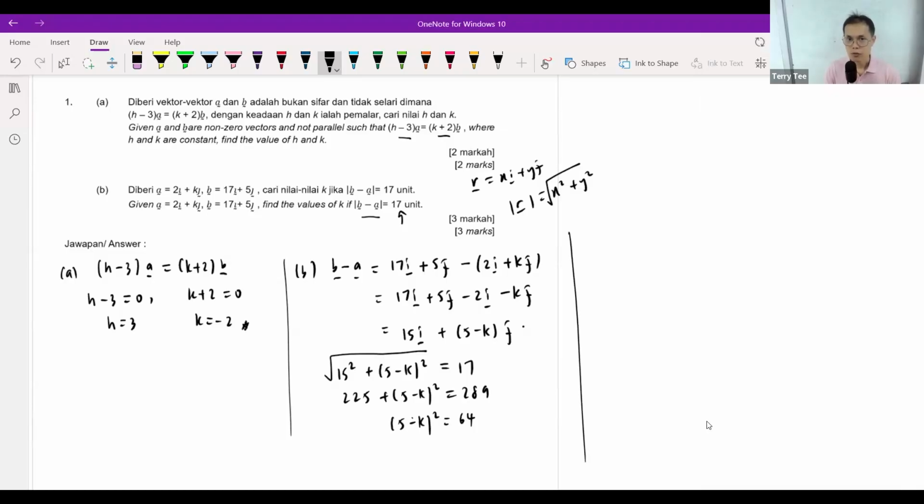When we square root 64, always remember there's a plus minus, a negative and a positive. To find the value of k, bring -8 to the left: 5 + 8 is 13. Bring this to the right, bring this to the left, k is -3. So there are two answers. k is either 13 or -3.